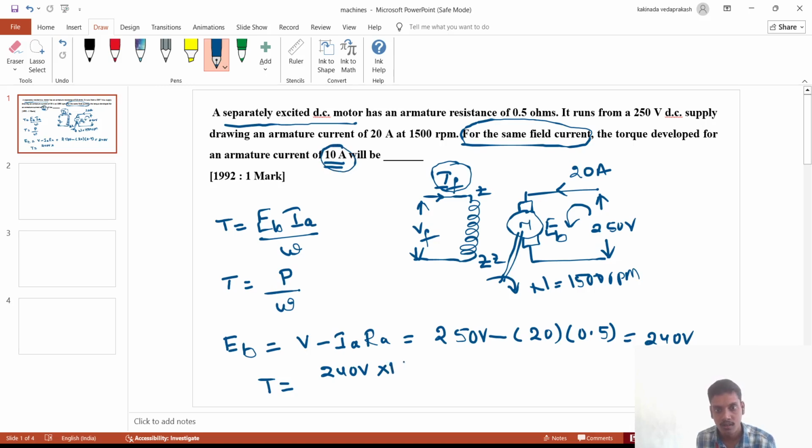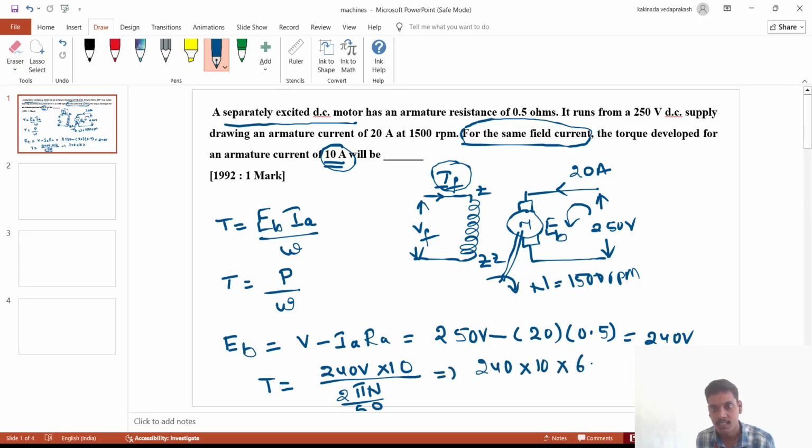So we consider 10 amps, divided by omega. Omega is equal to 2 pi N by 60, so 240 into 10 into 60 comes to the denominator.